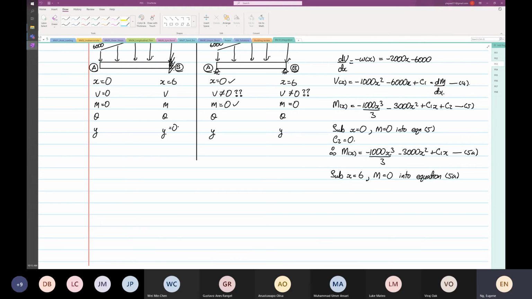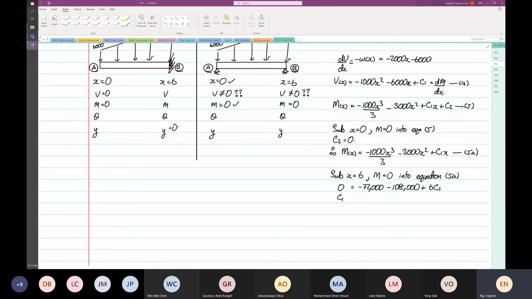So you will have 0 equal to minus 6 to the power 3 times 1000 divided by 3, which is minus 72,000, minus 6 times 6 times 3000, which is minus 108,000, plus 6C1.